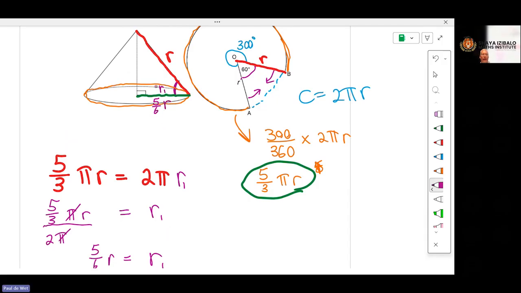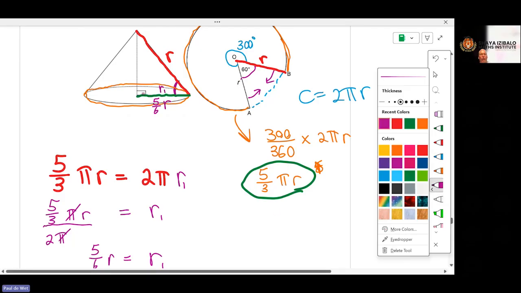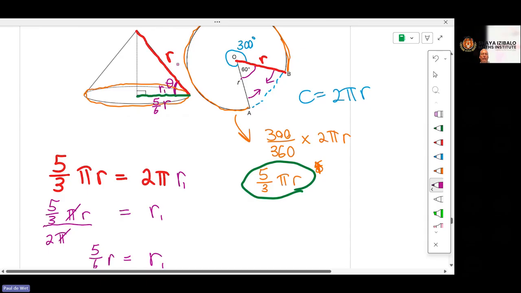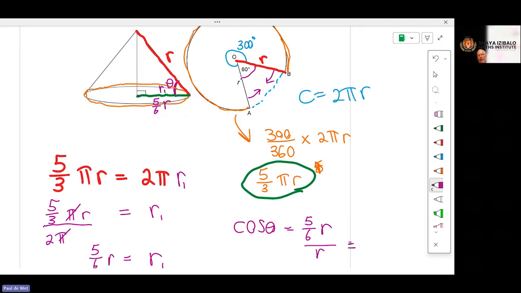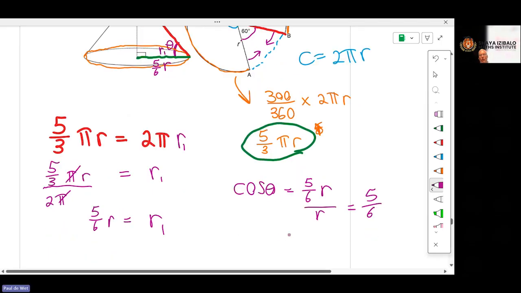Now guys, it's easy to solve this because I know which trig ratio will involve the adjacent and the hypotenuse: cos. So the cos of theta will be 5/6 of r over r, which is just 5/6. Now I can solve for theta, undo cos. Can someone just do it for us on a calculator?